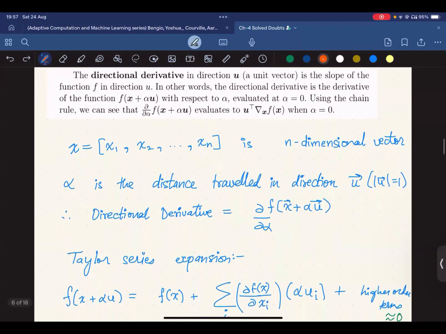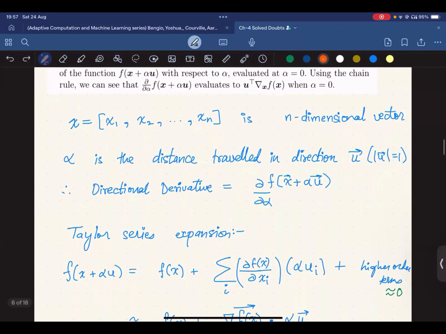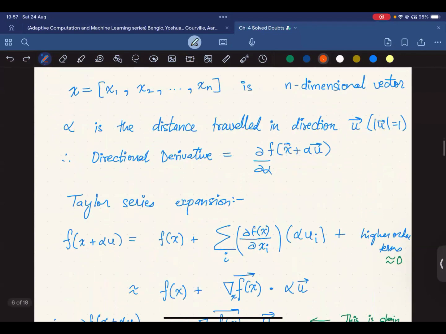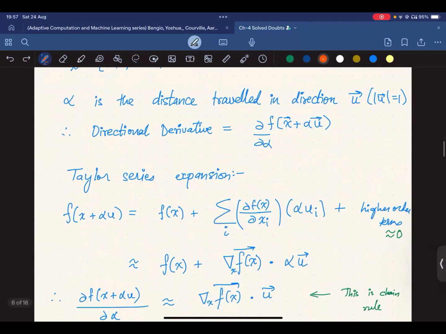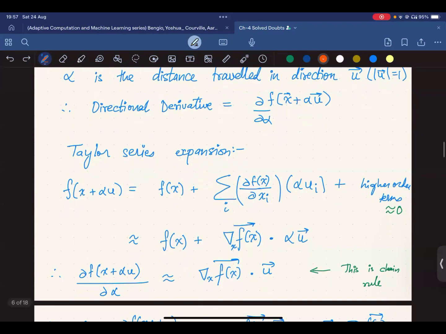So generally, the chain rule can be derived from the Taylor series. The Taylor series of f of x plus alpha u is something like f of x plus this summation quantity plus higher order values. And this summation quantity is nothing but the gradient of f of x dot product with alpha u. So this is nothing but the chain rule.